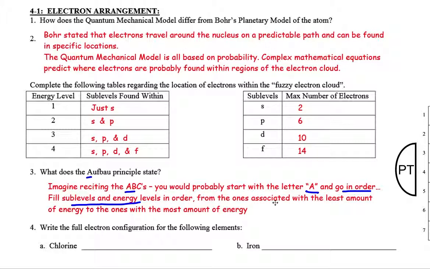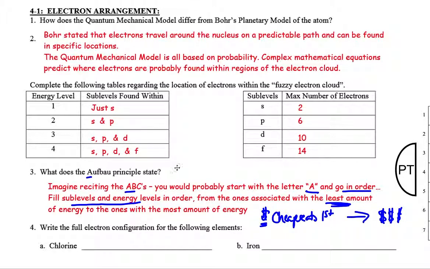You would start telling me where the first electron is and the second one and so forth, and you would do them in order of energy. Just like when we use the theater analogy, we fill the seats based on money. We fill the cheap seats first. Then we went to the back of the theater where the really expensive seats were. But we did those after the cheap seats were filled.